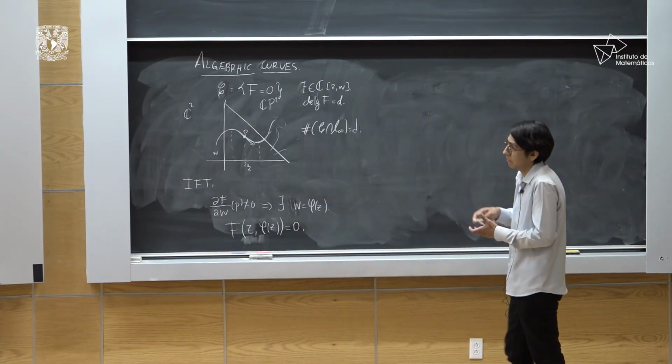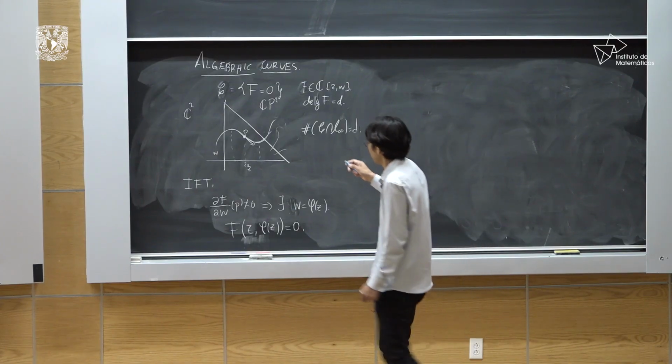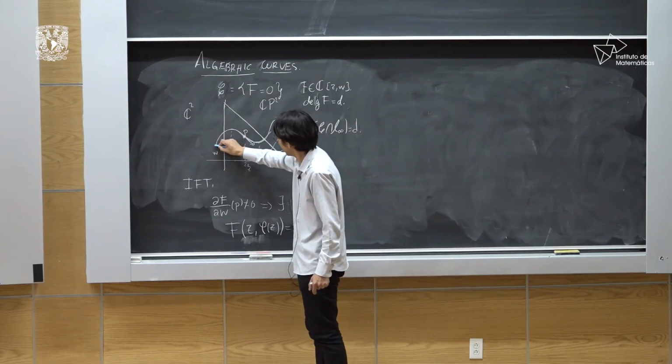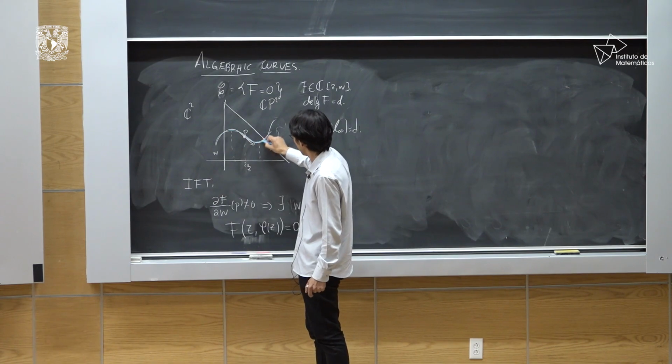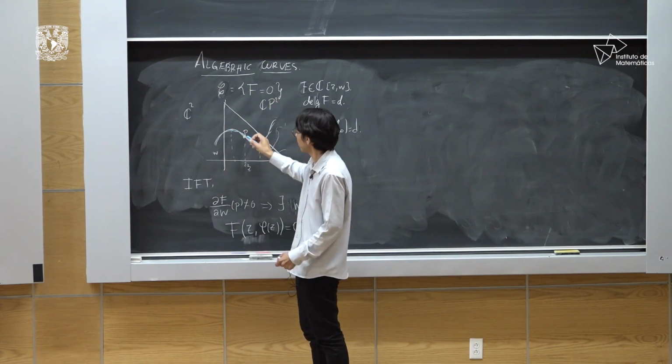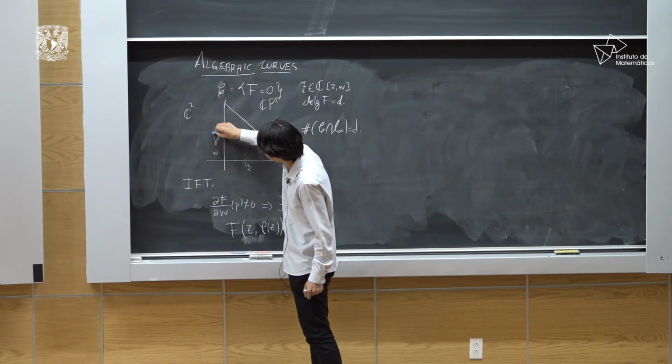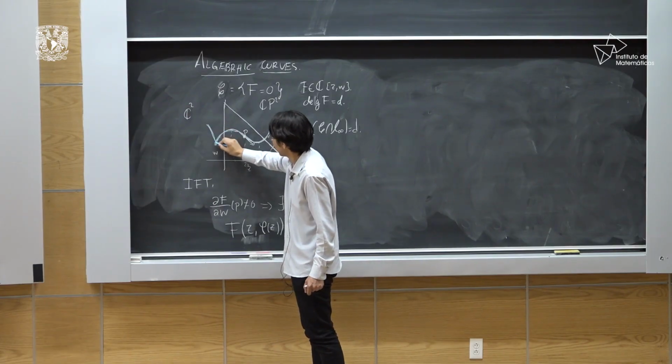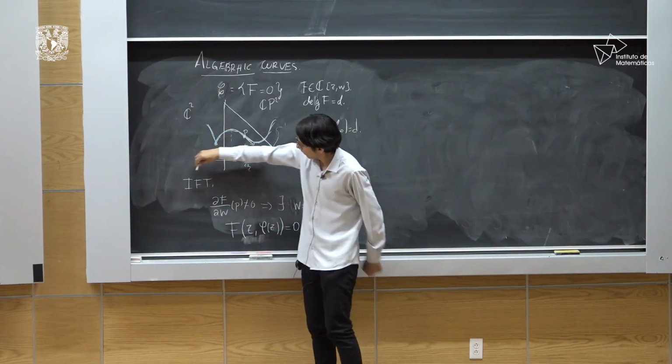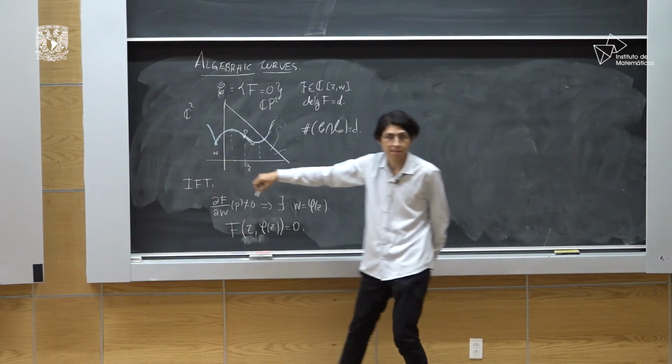So the interesting points in an algebraic curve are maybe the singular points, points where the implicit function theorem fails.